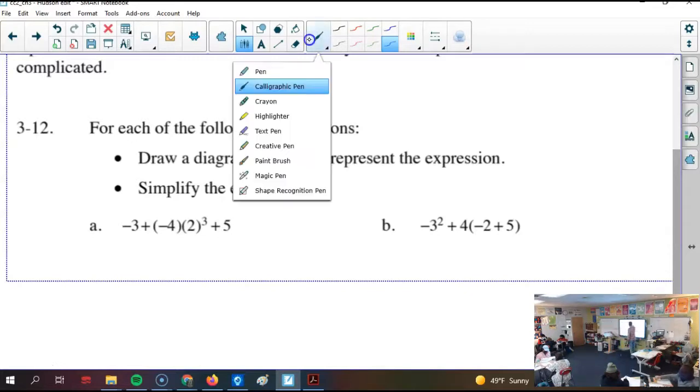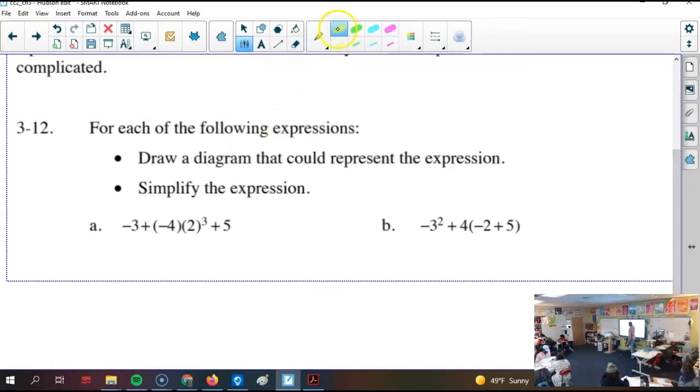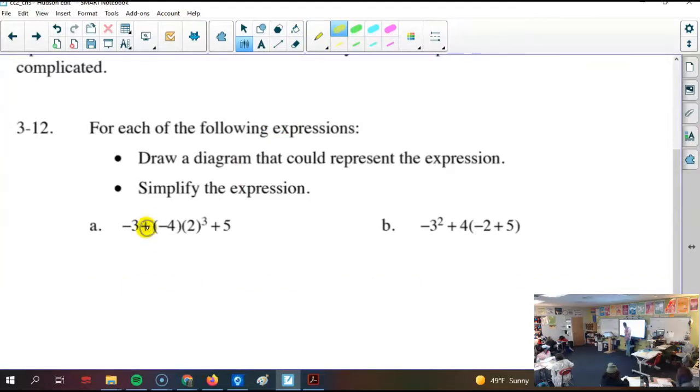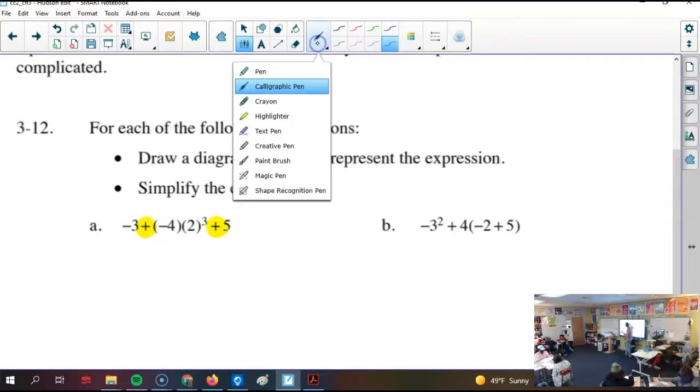What splits up terms? Addition splits up my terms, and subtraction is the same thing as addition. So we have 2 additions here. How many terms? 3. 3 terms to start. Go ahead and keep working.